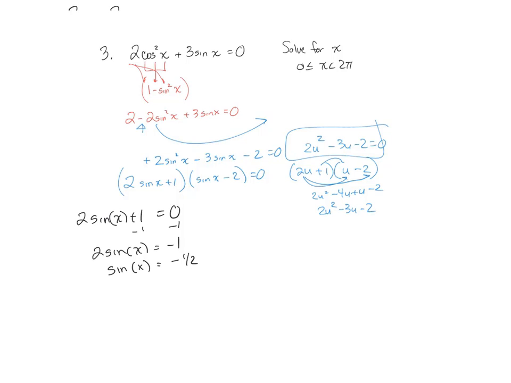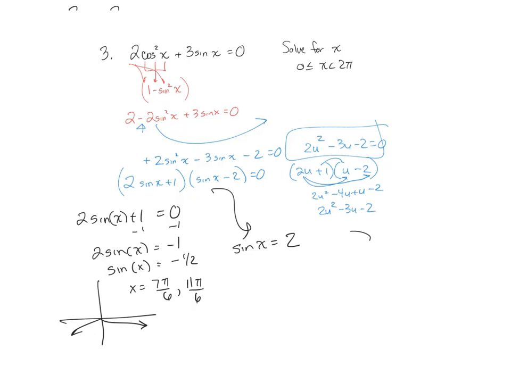I need a negative 1/2, so I'm here and I'm here, and that would be x is equal to 7 pi over 6 and 11 pi over 6. And from this one, we're going to get sine of x equals 2.